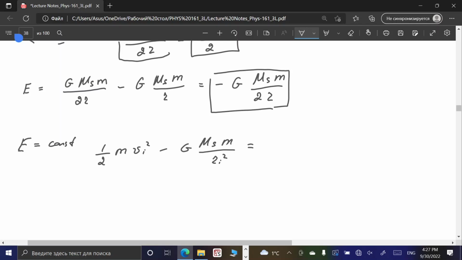And then let's say something happened and the distance between the star or the sun and the planet increased, so it changed. So in that case, we end up with 1/2 m v final squared minus G Ms m over r final.